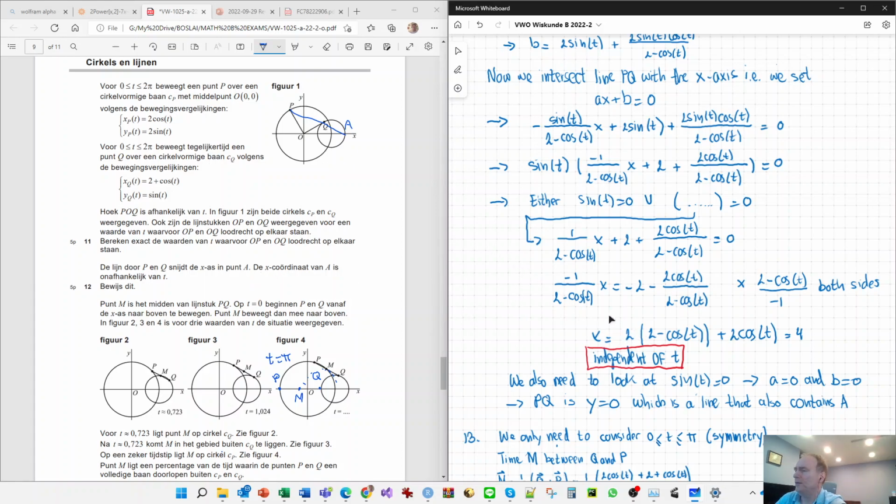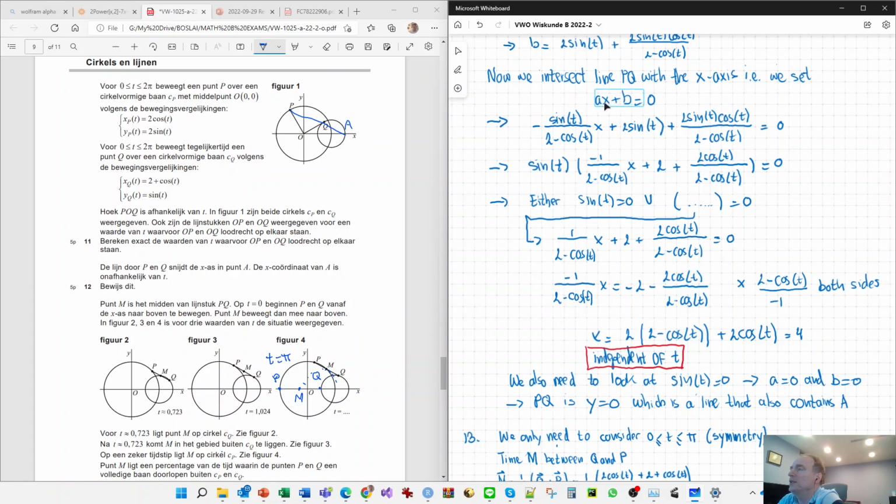So let's look at it. Well, sine t of 0, let's go back to our line PQ. That means t is 0 or t is pi. I think I already showed that in that case, PQ is just the x-axis.